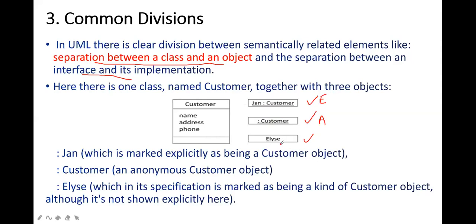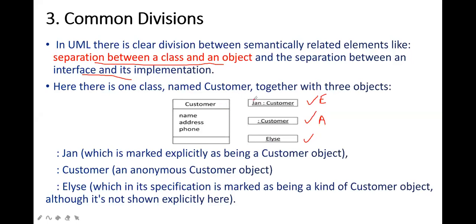And the third one is Alice. Here it is specifying a customer object which is not explicitly shown, right? We have just defined the name, but we have not shown the colon Customer. That means we are not explicitly defining the customer class here. That is how we separate the class and the objects.